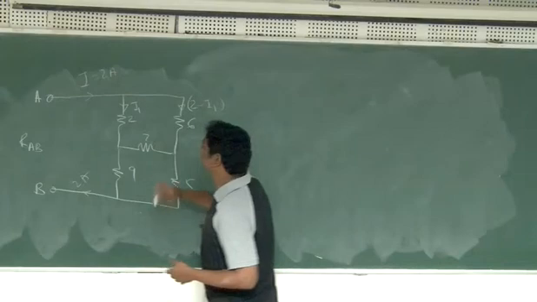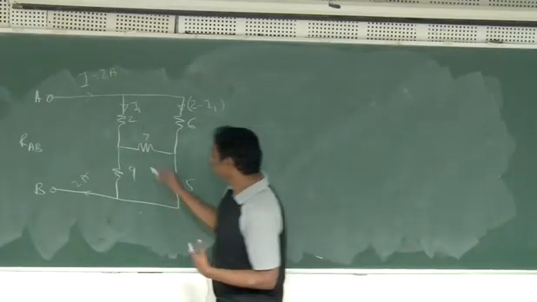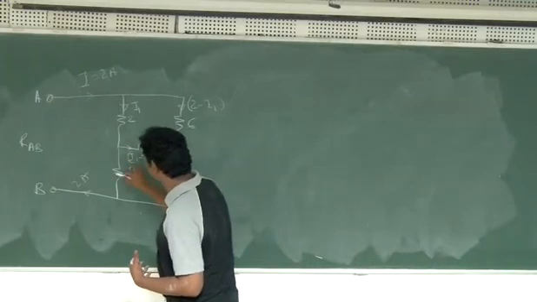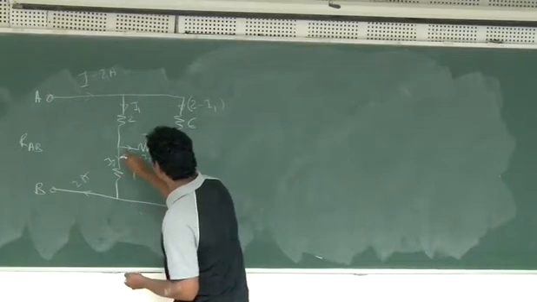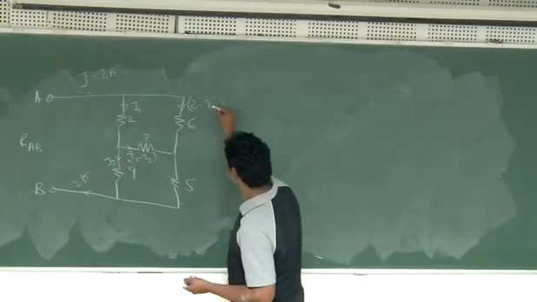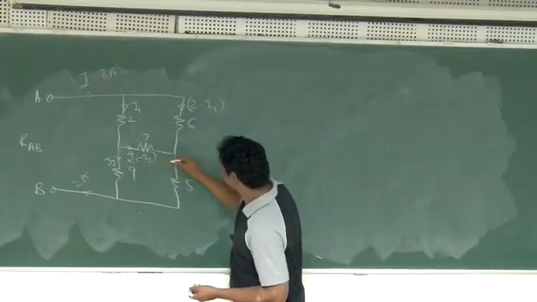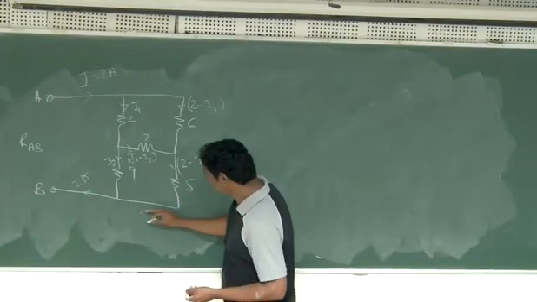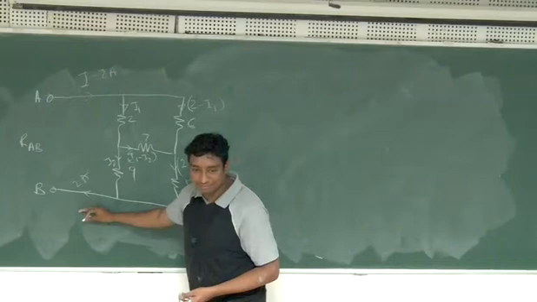That I1 current comes here, then I1 minus I2, and this one will be I2, and then this one 2 minus I1 plus this one. So I1 gets cancelled, 2 minus I2 will be here. This 2 minus I2 goes like this, then I2 comes like this, so I2 gets cancelled, and 2 amperes is going out.